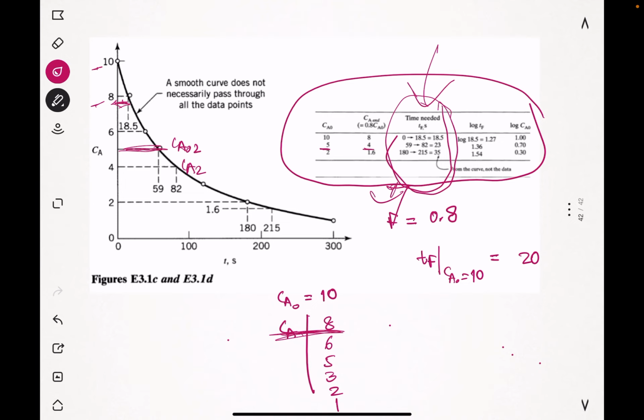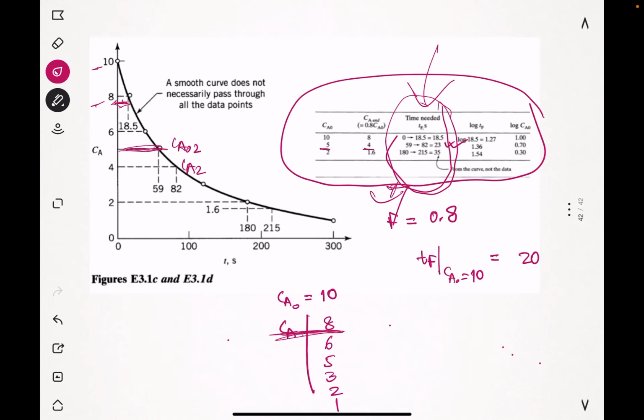The time required to reach a concentration of 5 mole per liter was 59 seconds, and the time to reach the concentration of 4 mole per liter was 82 seconds. So the time required for conversion from 5 to 4 is the difference between these two, and that's 23.